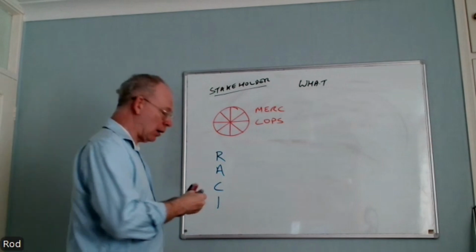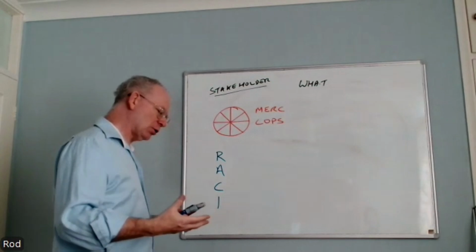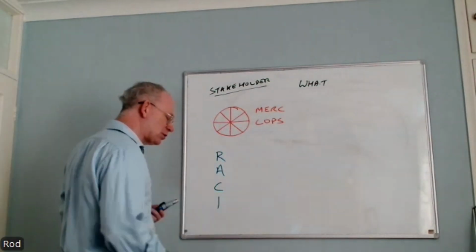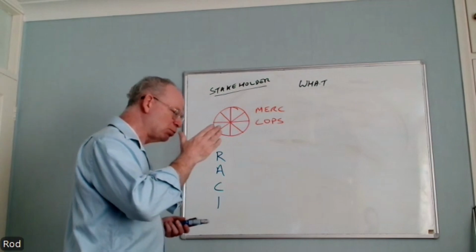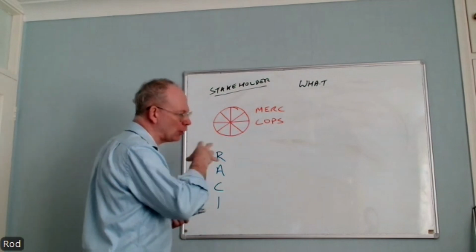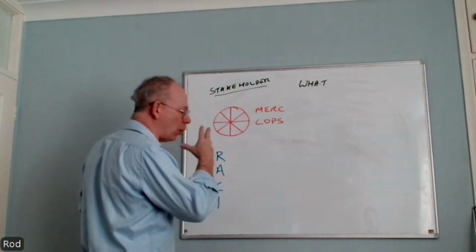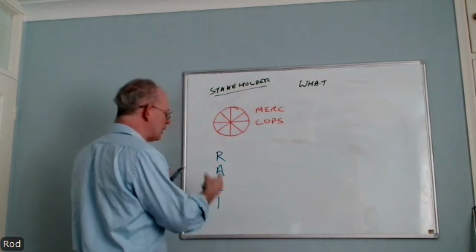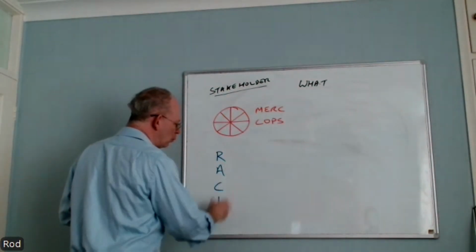Again, to do with our stakeholders. So we can do a RACI chart, which has the names of stakeholders down one side and the products they're working on, the functions they're working on, on the other axis, and then each of the fields is filled in either blank or with one of these.